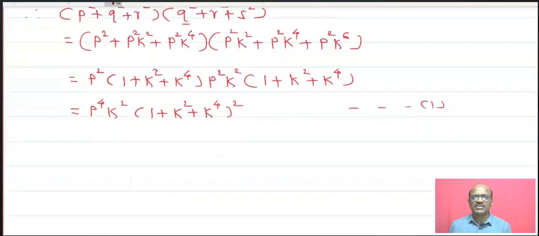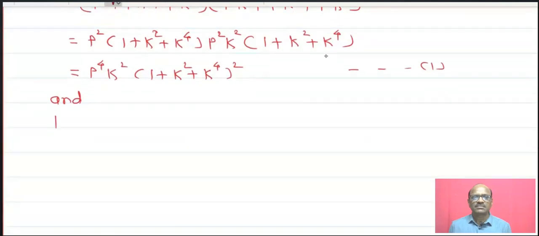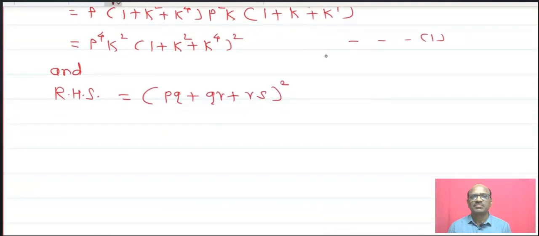This is equation number 1. And RHS is equal to (pq plus qr plus rs) bracket square.